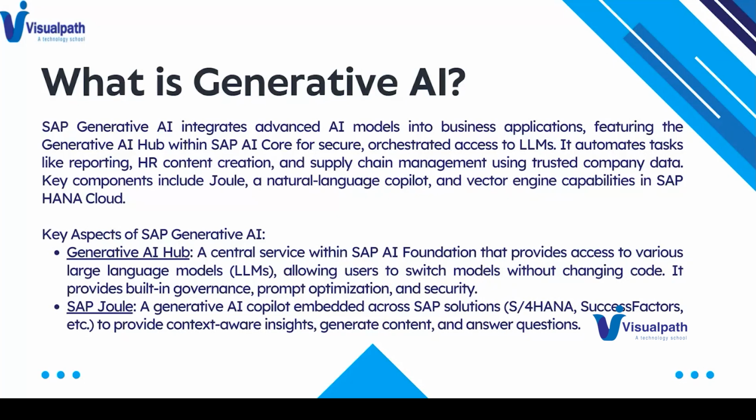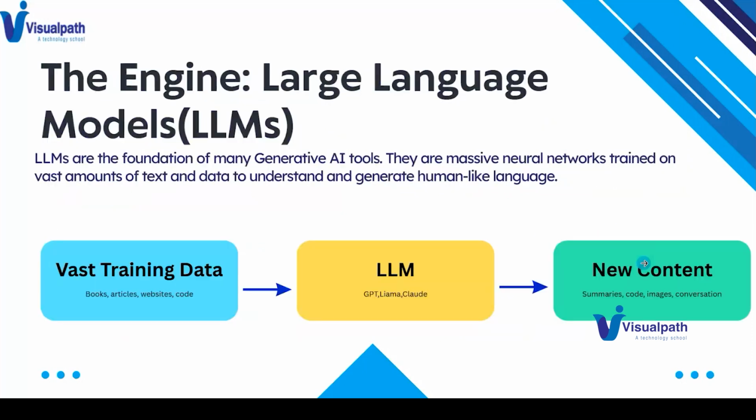The generative AI hub is a central service of the AI foundation, which provides access to various large language models and allows users to switch models without changing the code. SAP Joule is a generative AI copilot embedded across SAP solutions, so in S/4HANA and SuccessFactors it provides context-aware insights to generate content and answer your questions.